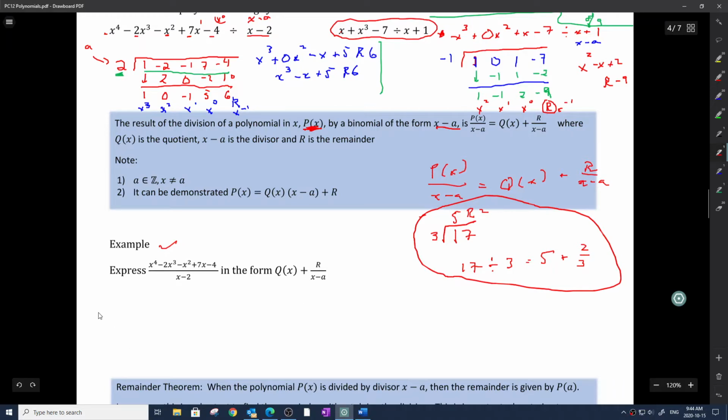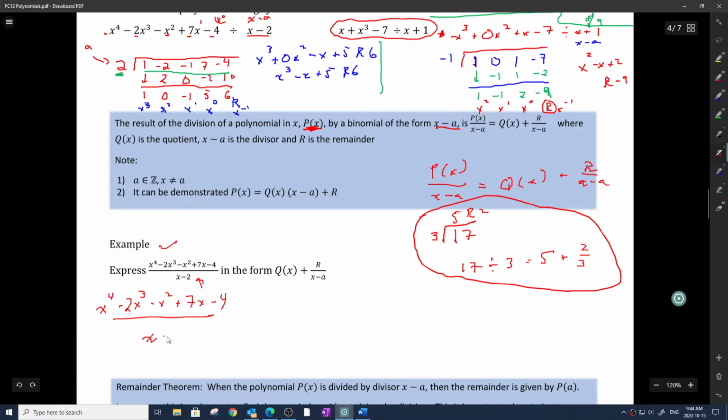So, for instance, it would certainly be nice to know, it would have been great if I would have done this division right here.